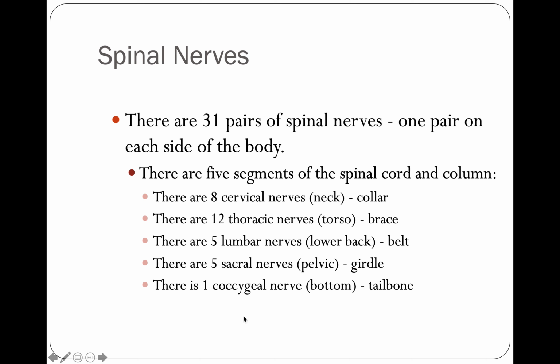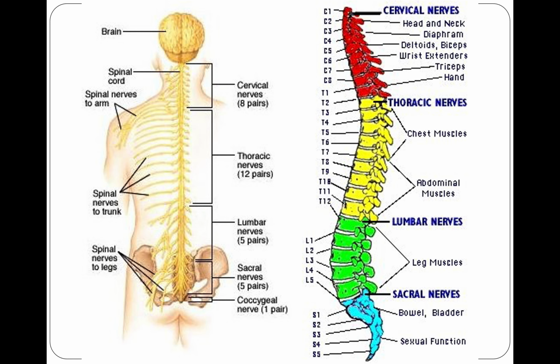And then coccygeal, that's not a very common Latin word, but the other four are all common Latin words, and there they all are, all the nerves we're talking about, and you can see which nerves actually control things.